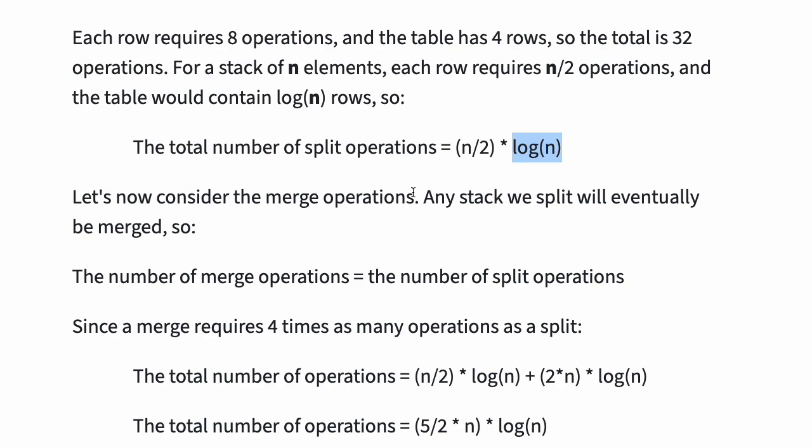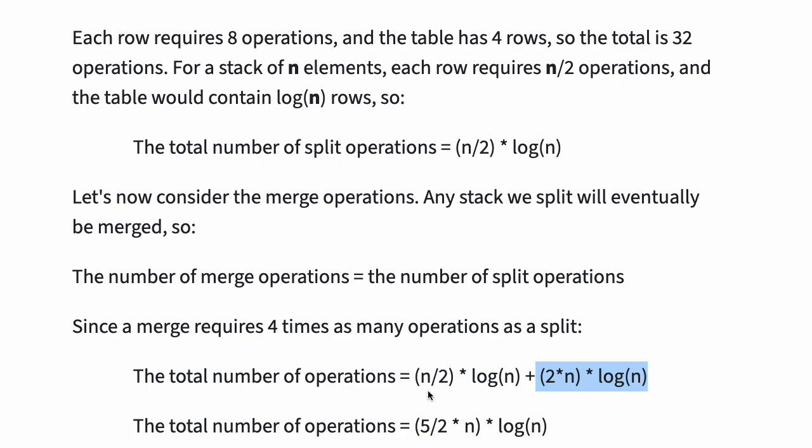Any stack we split will eventually be merged, so the number of merge operations is equal to the number of split operations. Since a merge requires 4 times as many operations as a split, the total number of operations is equal to n divided by 2 times log n plus 2 times n times log of n for the merges.